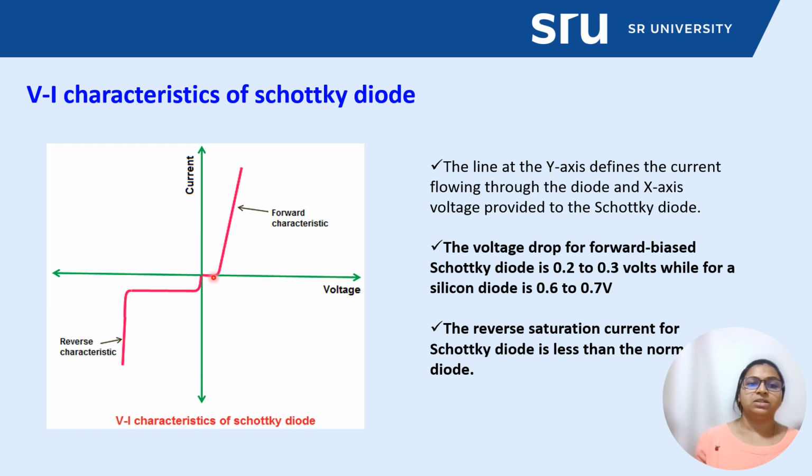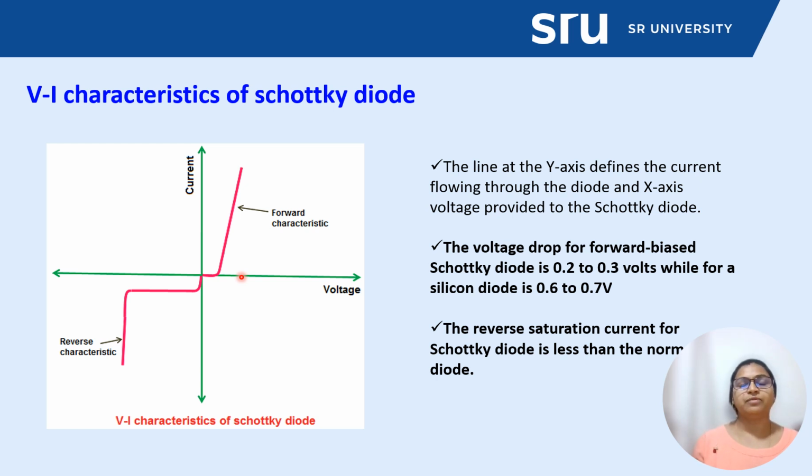However, this forward bias voltage drop is very low compared to the PN junction diode, and the forward voltage drop of the Schottky diode is around 0.2 to 0.3 volt, whereas the voltage drop for a normal silicon PN junction diode is around 0.6 to 0.7 volt.